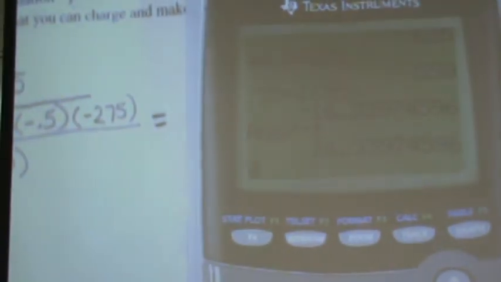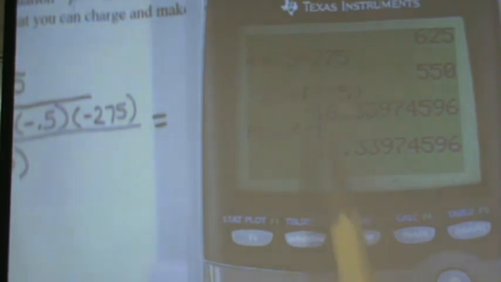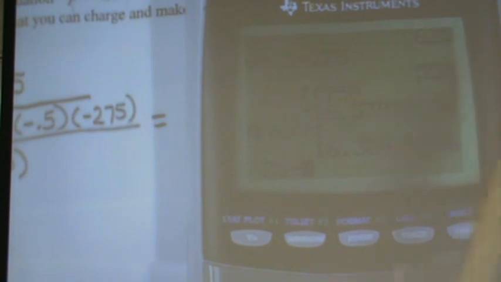I did negative 25 plus the square root of 75, got that answer and divided it by negative 1. So 16.33 is one answer. And then if we do negative 25 minus the square root of 75 and divide that answer by negative 1, we get 33.66.